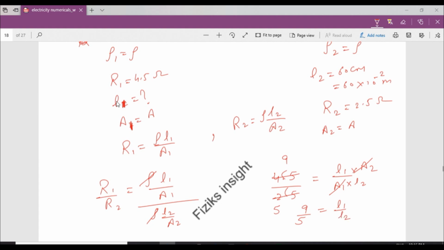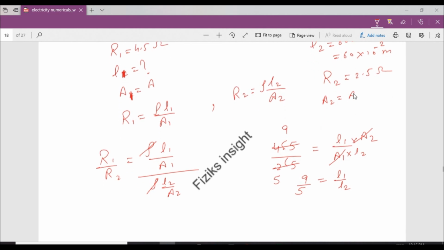Now L1 you need to evaluate and L2 is given to you. L2 is 60 into 10 raised to power minus 2. So we are writing it as 9 into 60 into 10 raised to power minus 2 upon 5 is equal to L1. We are taking this L2 to this side.